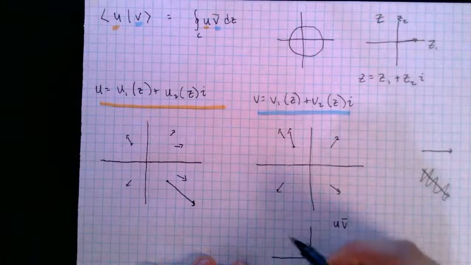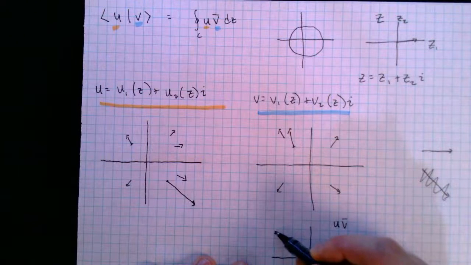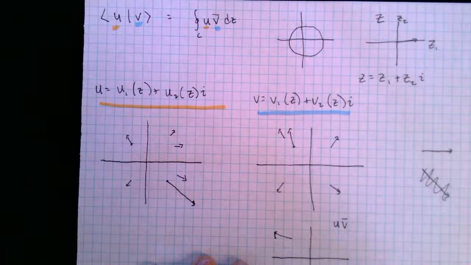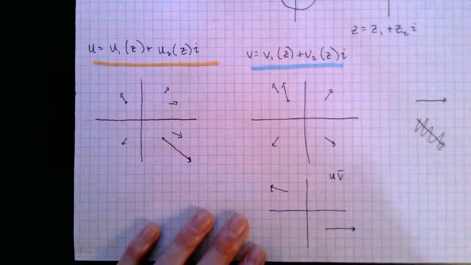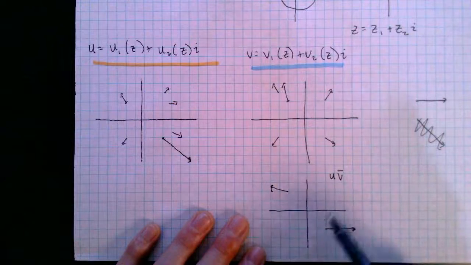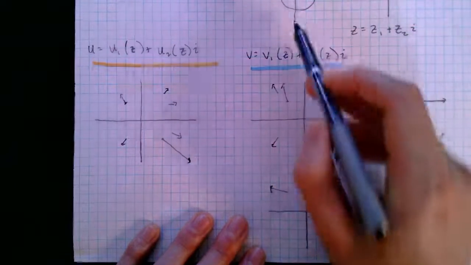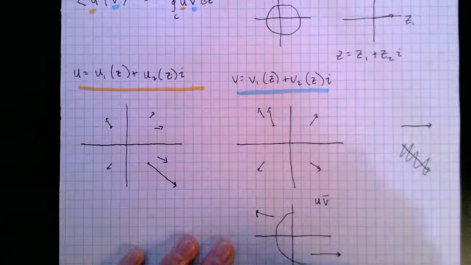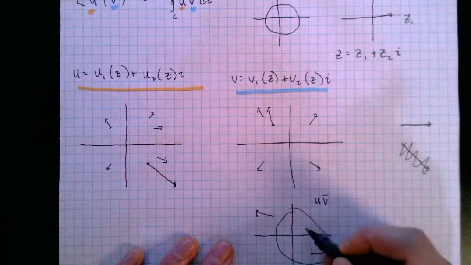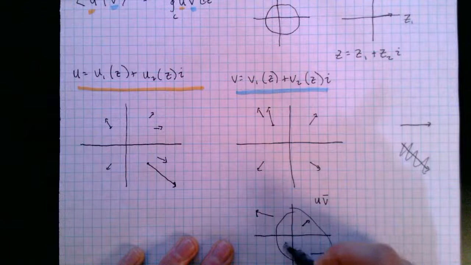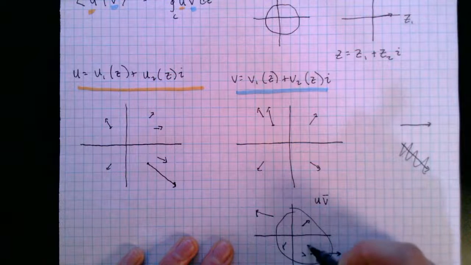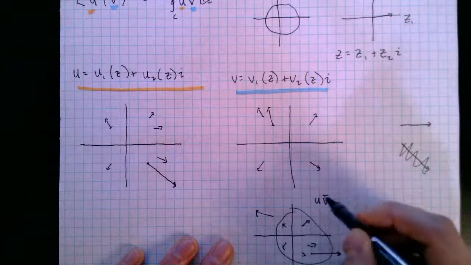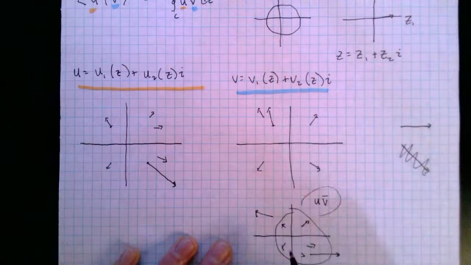And now at that point, we're going to do the same procedure, and we're going to get some new vector here, right? Just like that. And then over this same contour, or over this same domain, you're just integrating all of these new resulting vectors, right? And that is your complex inner product, right?